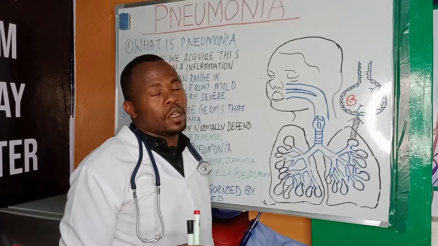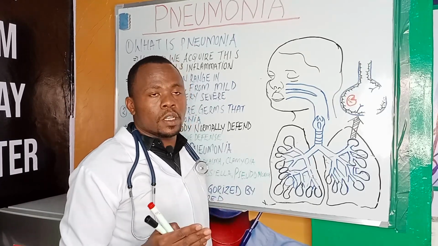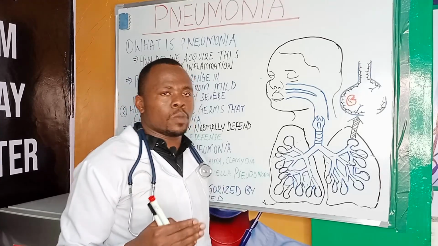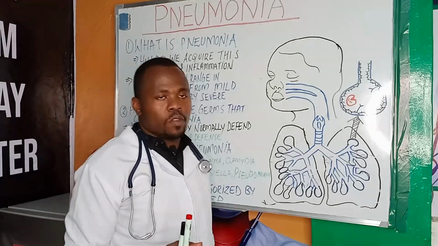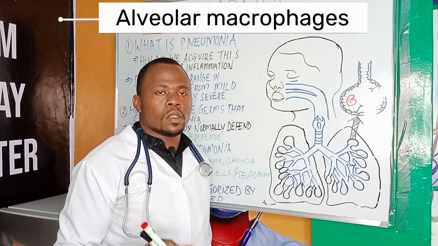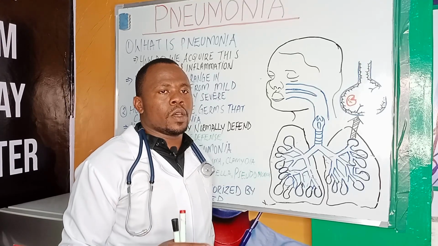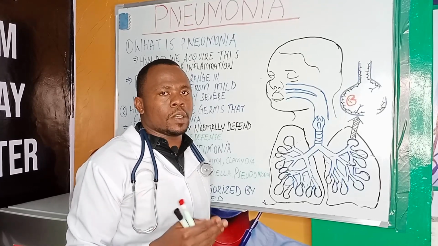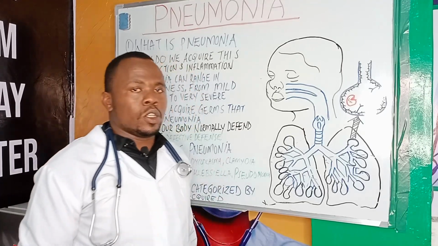When they bind, they also notify your immune system that bacteria have entered, and your immune system will respond and fight these bacteria. Number four, we have what we call alveolar macrophages. Alveolar macrophages are a defense mechanism in which your immune cells eat all the bacteria and viruses that try to enter into your lungs.